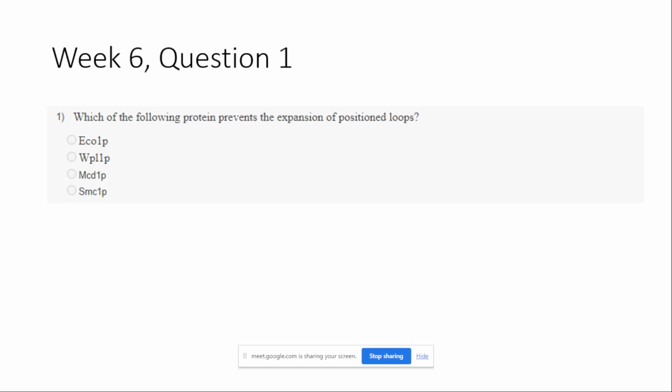You want to try? So if the expansion of the positioned loop happens in cohesin, then of course cohesin will not be able to stay on the chromosome, right? So it will be deloaded. So if you want to keep your cohesin on the chromosome, then you need to prevent this, right?